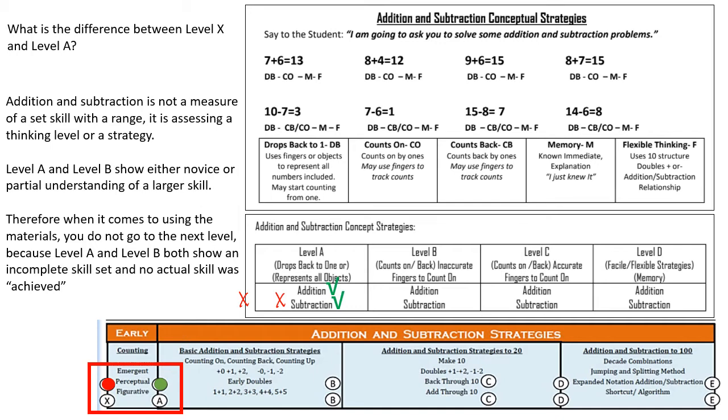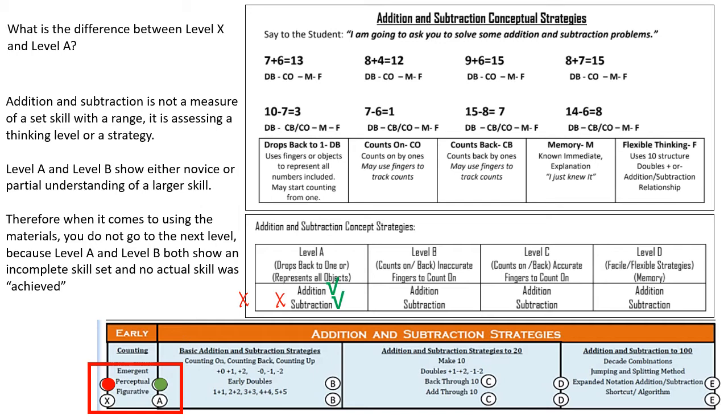And remember, level A and level B show either a novice or a partial understanding of a larger skill. So if a student's a level A, it's not like you're going to say, okay, they're level A, now we'll go to level B, because level A isn't really an achievement, it's just showing a level of thinking with incomplete thoughts. So what you'll do, and we'll get into this on the next slide, is if they score a level A, you work instructionally with them at level A because A is an incomplete level.